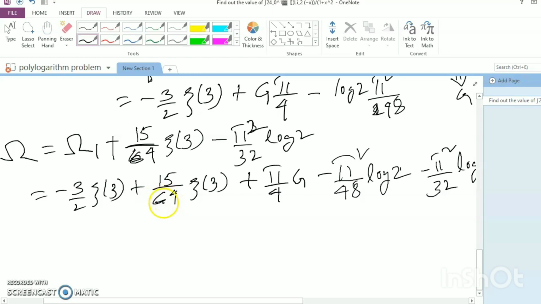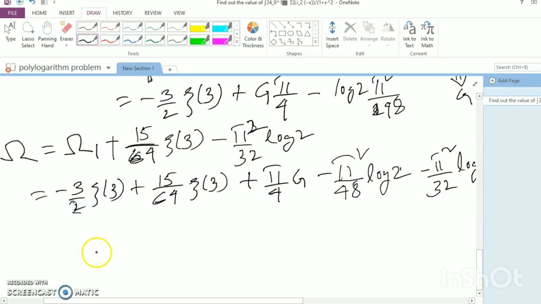now it is 64 and this is 2, so it is 30. Now I have to do the calculations. So the calculation is pi by 4 G, so it is 32. 32 into 3, 3 to the 33, 396.